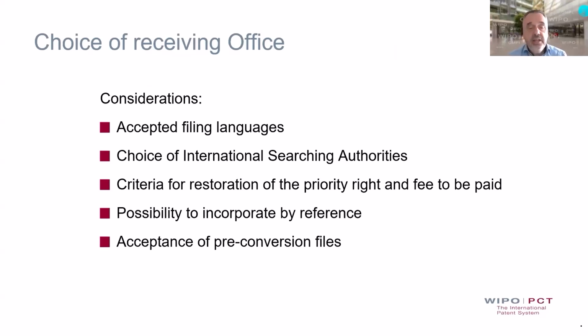That means that any RO, or receiving office, selects which authorities they would like to work together with as international searching authorities. So let's say you file with the EPO, then you have to use the European Patent Office also as the international searching authority.